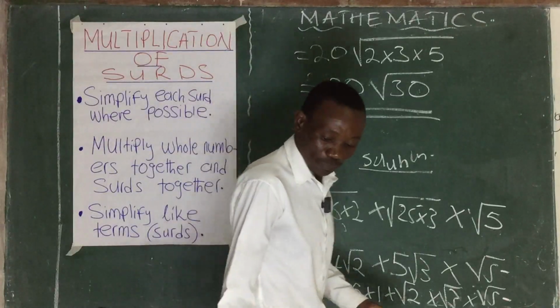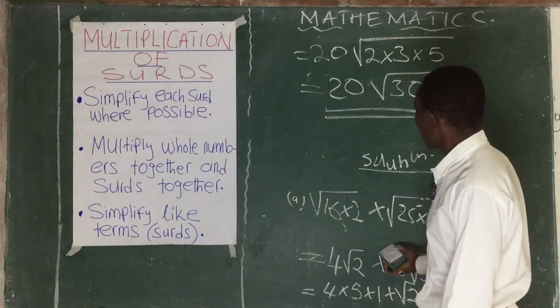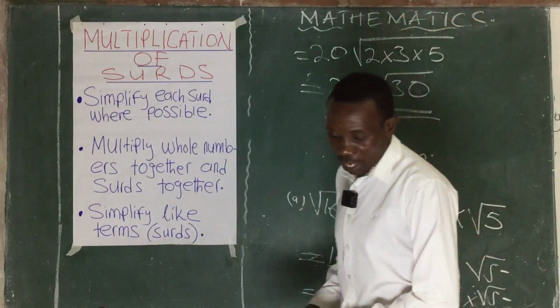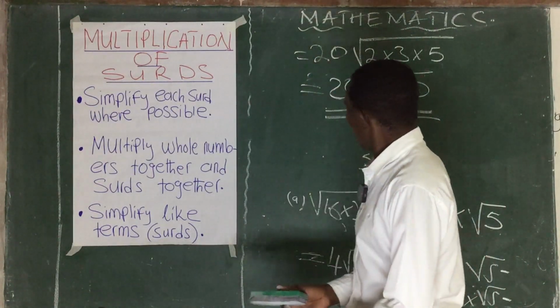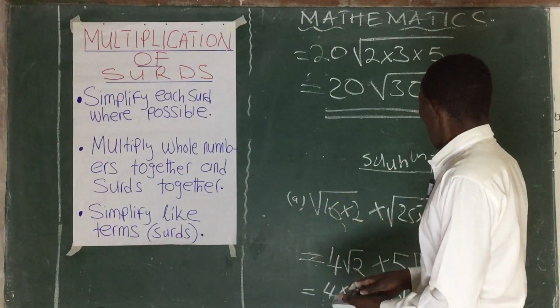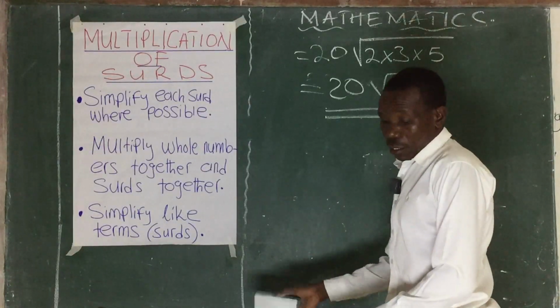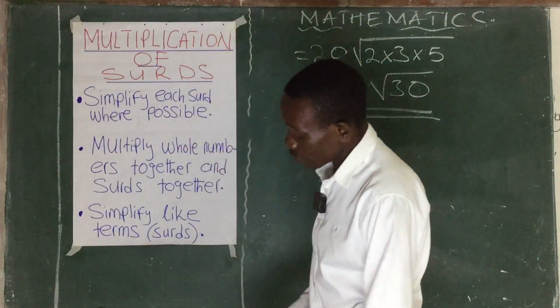Right. That's it for example A. Can we now have the last example on the multiplication of the surds and see how it works? Right. The next example comes in like this.